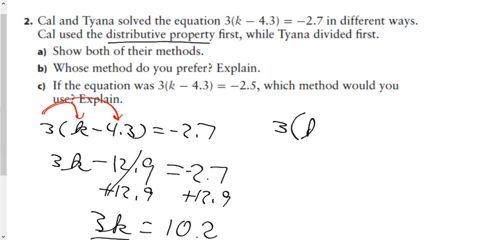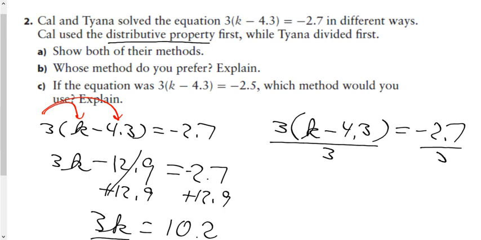So she took the same equation and she decided to divide both sides by 3. And the reason why she did that, she said if three groups of k minus 4.3 is negative 2.7, then one group of this is going to be equal to negative 0.9.